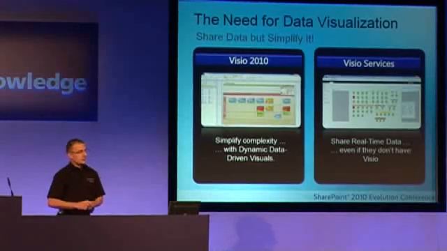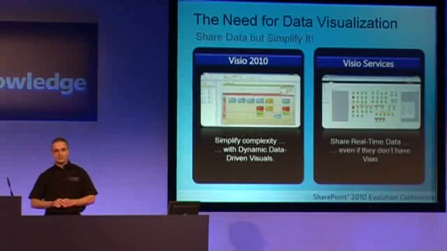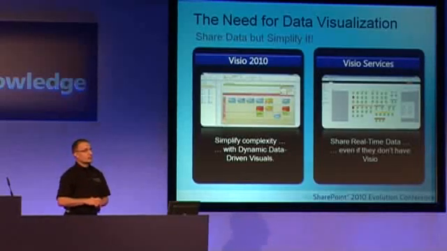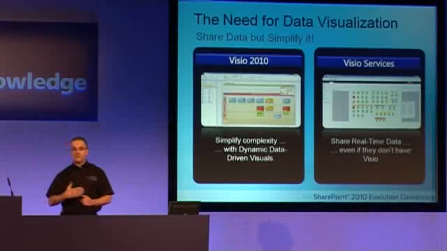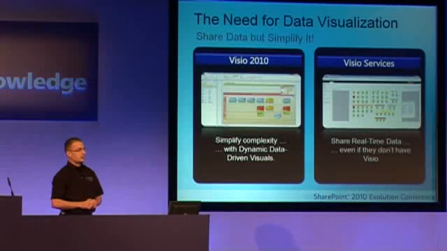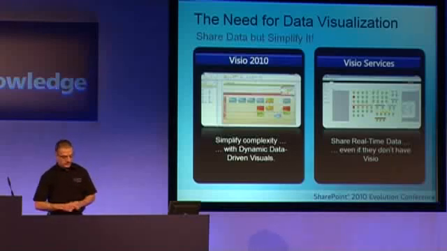But we're talking about Visio 2010, so as I said, we've all probably had experiences of working with Visio. What a lot of people may not know is that in Visio 2007, you had the ability to data bind your diagrams. So you could actually take your data and bind it to the shapes in your Visio diagram.